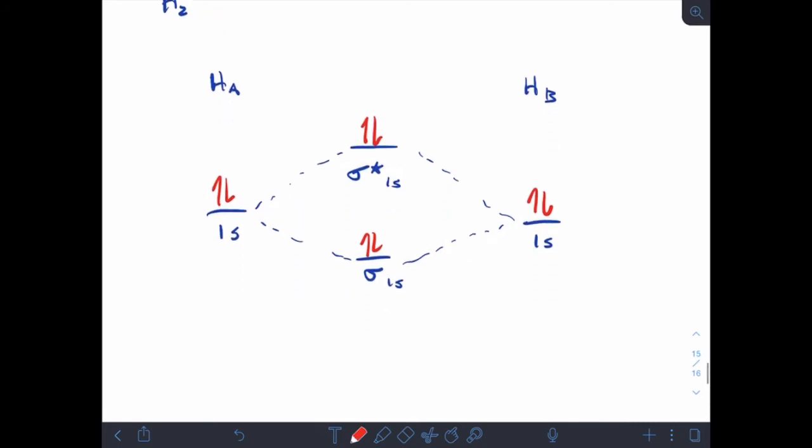So let's look at the bond order: 1/2 the bonding minus the antibonding. I've got 2 electrons in the bonding, and in this drawing I've got 2 electrons in my antibonding, which means a bond order of 0. A bond order of 0 means that this shouldn't exist.